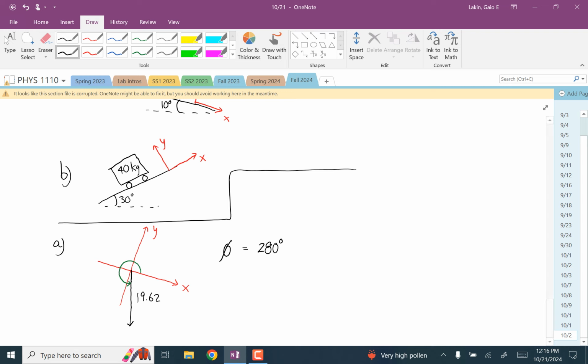And so the weight force then is 19.62 times the cosine of 280, 19.62 times the sine of 280, and so for a weight force vector here, you get 3.41, negative 19.32.